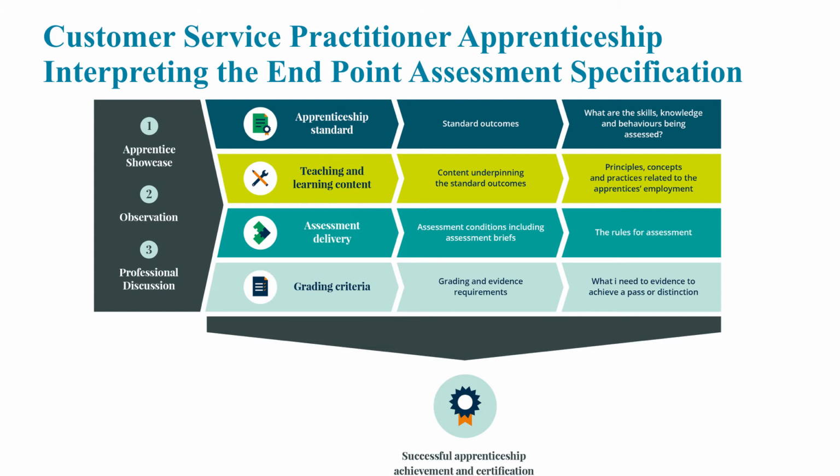And then finally, we have the detailed grading criteria to support each of those three assessment approaches, to support you and your apprentice in identifying what evidence they need to prepare and to achieve to reach a pass and to reach a distinction. You can share this endpoint specification at the front end of your apprenticeship program in order to prepare your apprentice as early as possible.